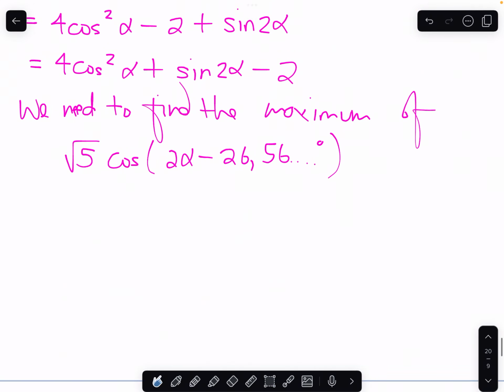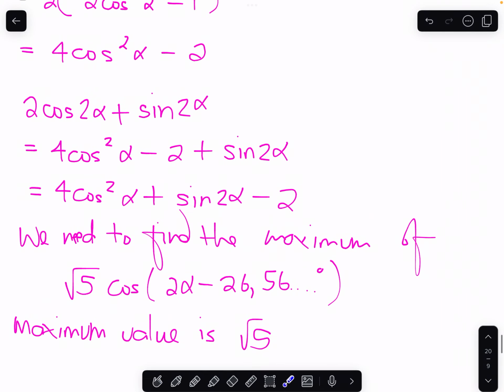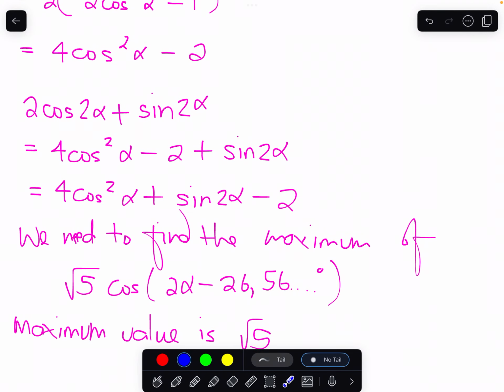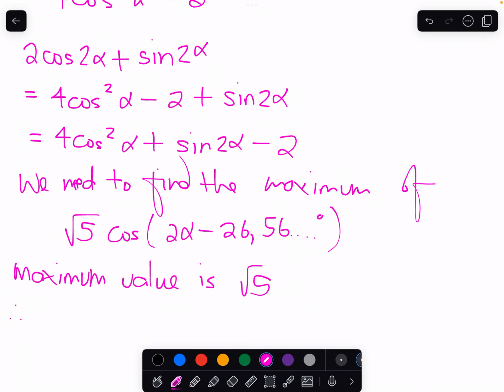Okay, so maximum value is root 5, right? So that is the maximum value of this, okay. So let's just make that abundantly clear.